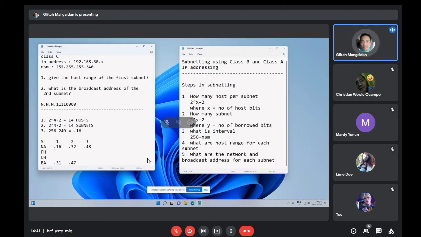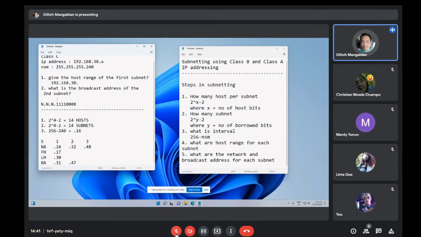So, para sa first subnet, kailangan mo ng host range. So, ito yung kailangan mo. Ito dalawa, yung FH and LH. So, this will be that 17 up to that 30. Okay. Then, the answer for number 1 is 192.168.30.